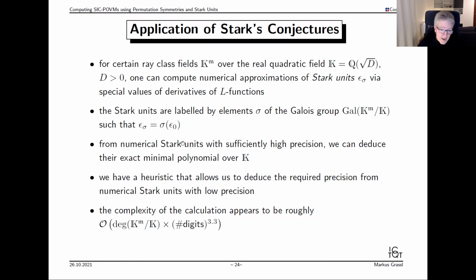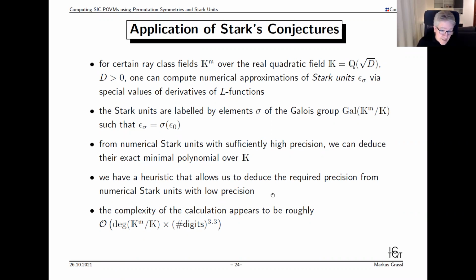And then when we have computed the numerical Stark units to sufficiently high precision, using the very same techniques as before, we can get, in first place, the conjectural exact minimal polynomial. It actually turns out that we have a heuristic that allows us to tell what precision is required. When we compute the numerical Stark units just to low precision, just 20, 30 digits, we form the minimal polynomial, and from that we can deduce it.